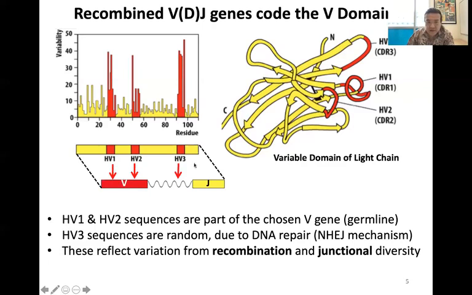If you look at this diagram over here, you'll see these hypervariable regions. Remember, this is if you actually took this globular protein and stretched it out. Most of it is these yellow parts that are not very variable from immunoglobulin to immunoglobulin. But when you get into these red regions, where you have a lot of variability in the amino acid sequence, it turns out that the HV1 and HV2 loops, these 2 loops over here, are simply determined by which V block gets chosen.